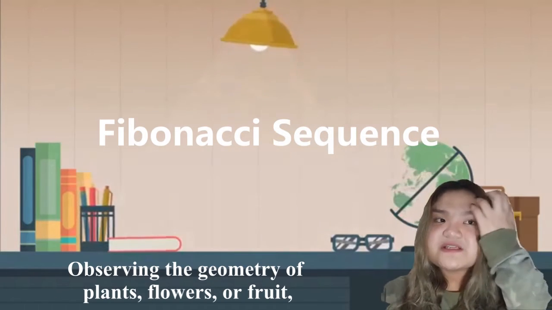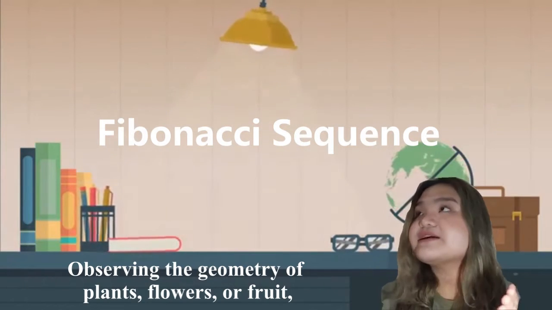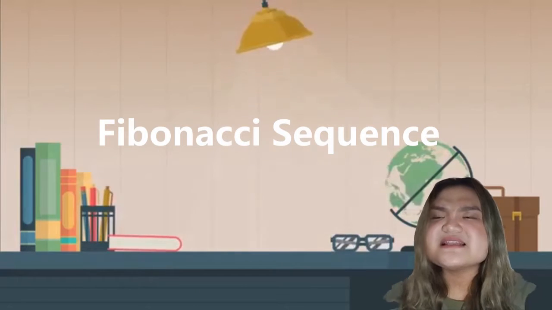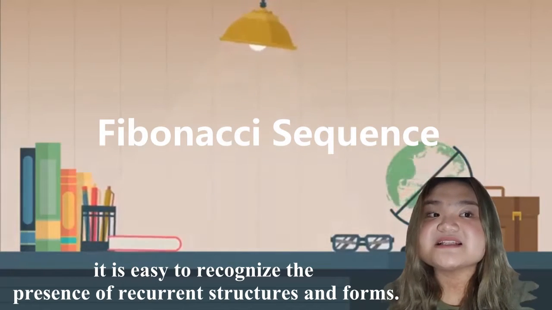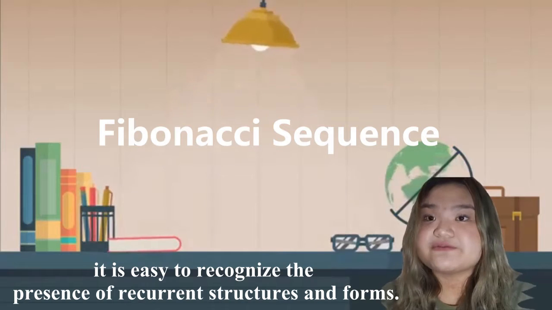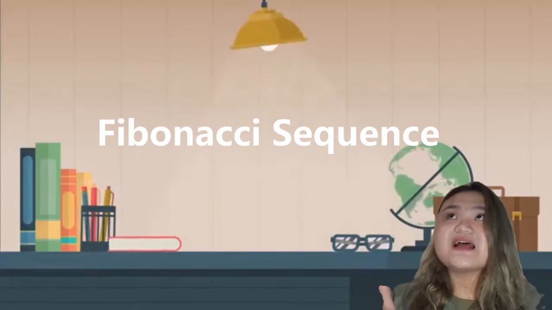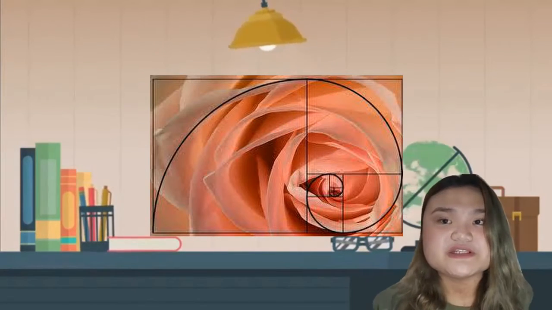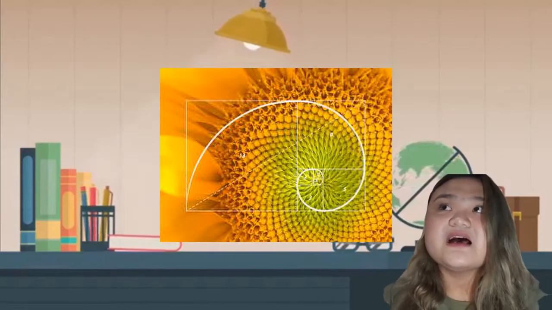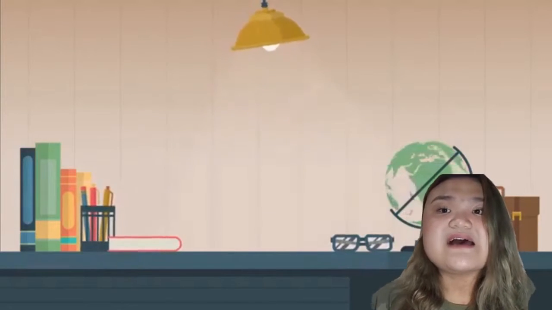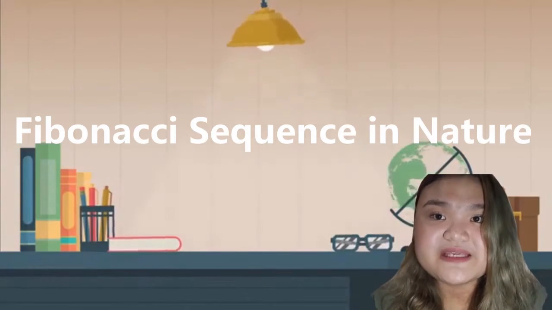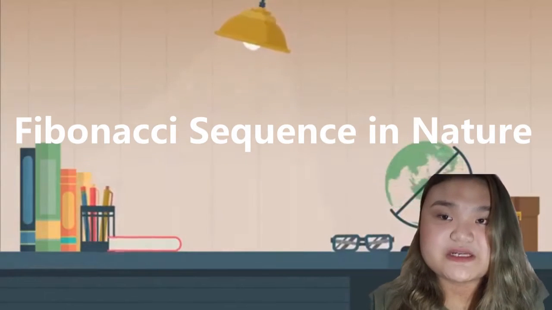Now, observing the geometry of plants, flowers, and fruits, it is easy to recognize the presence of frequent structures and forms. As we look at our surroundings and in our nature, flowers, plants, trees, and leaves have patterns that could be found in the Fibonacci numbers.